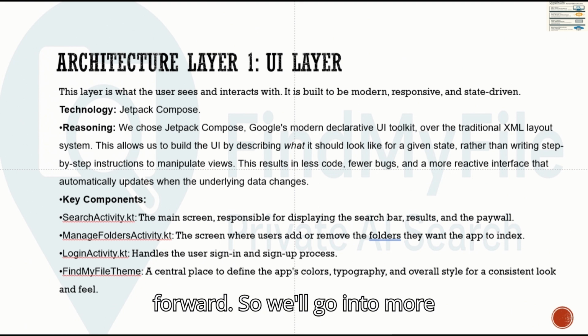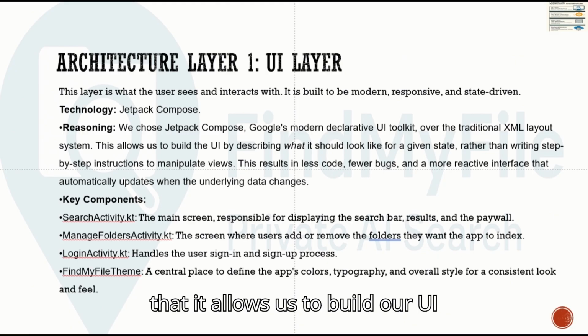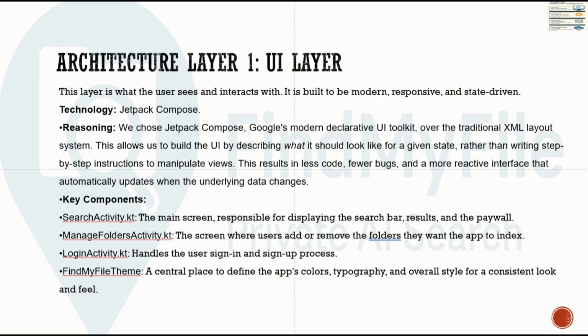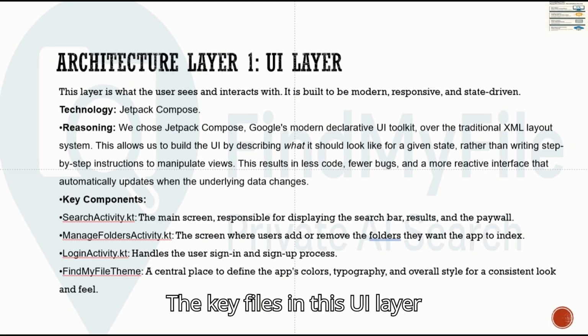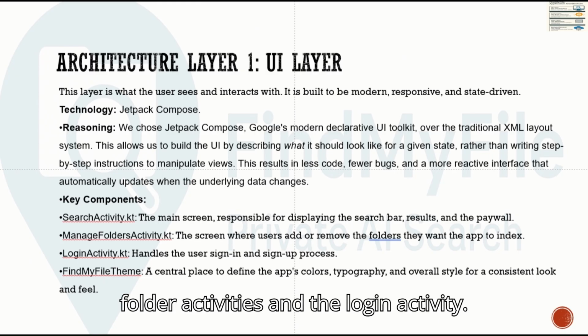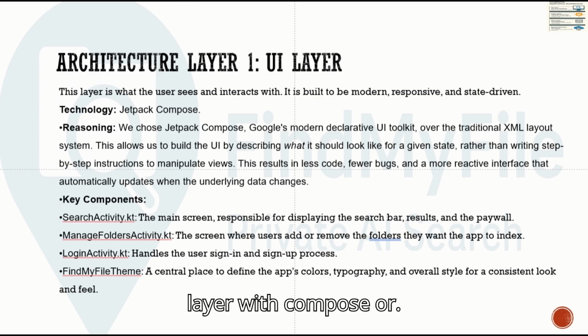We'll go into more details later, but the key takeaway is that it allows us to build our UI faster and with fewer bugs than the older methods. The key files in this UI layer are the search activity, the manage folder activity, and the login activity. These three files are the core of this layer.